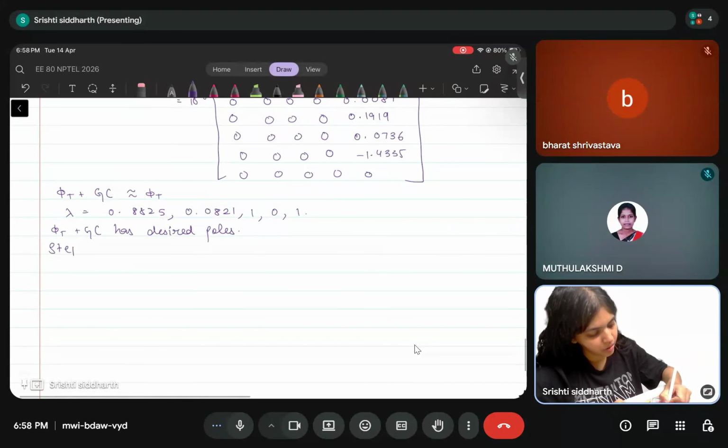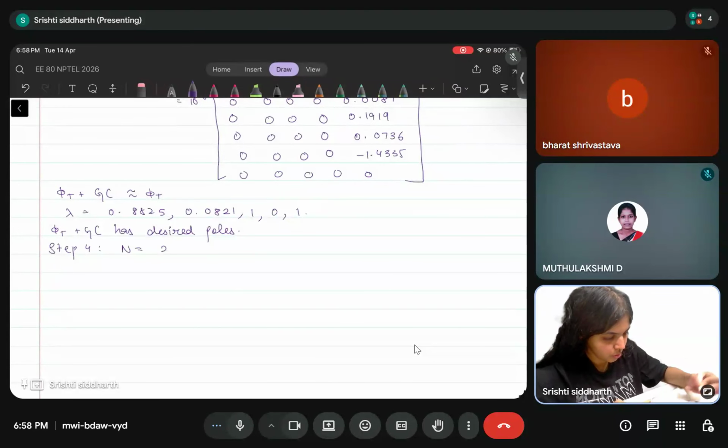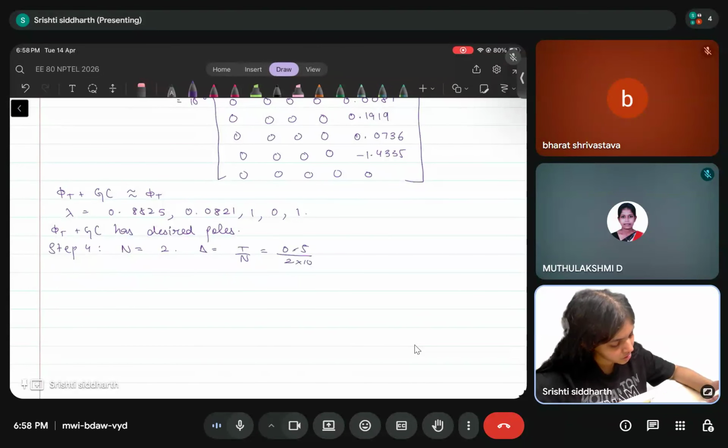This is step 4. Say n is 2. So delta is t over n. This is 0.5 over 2. This becomes 0.25.